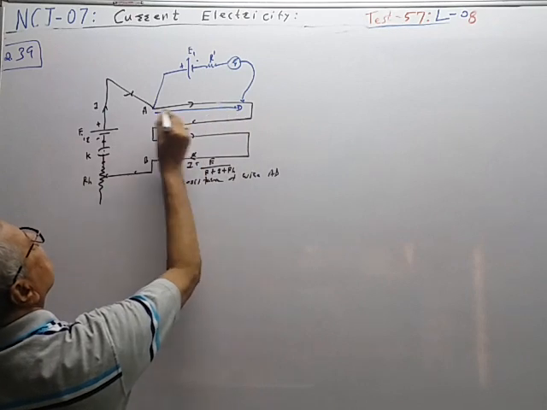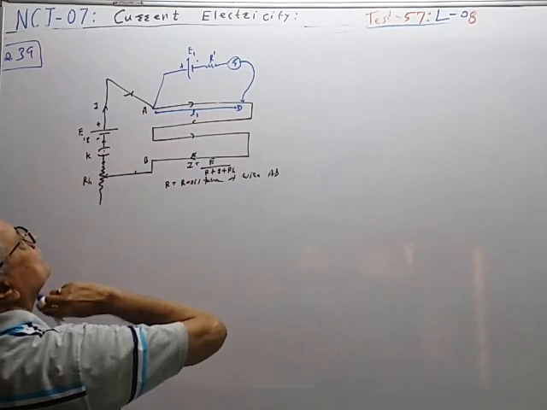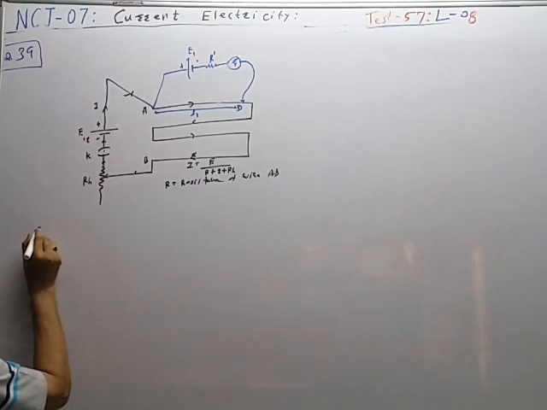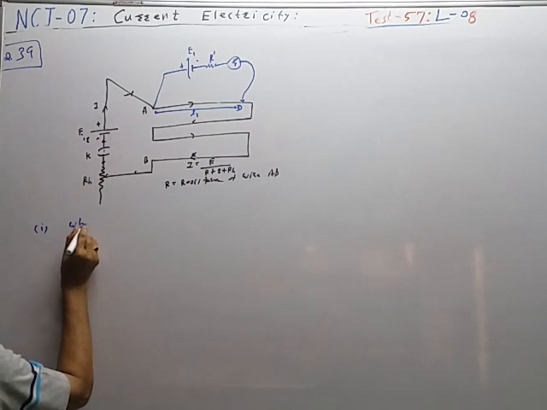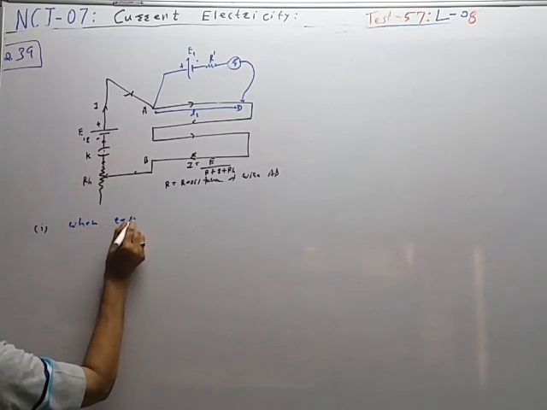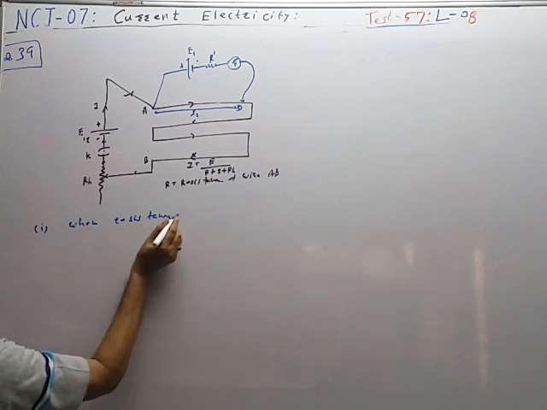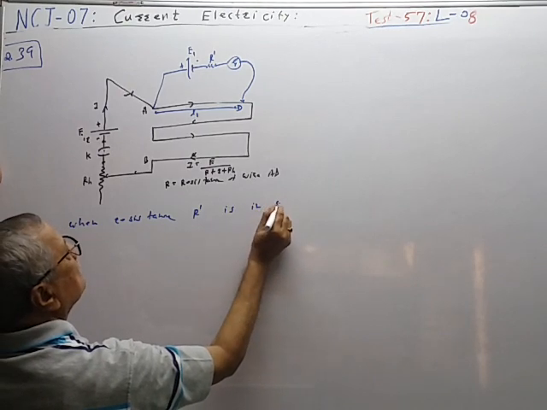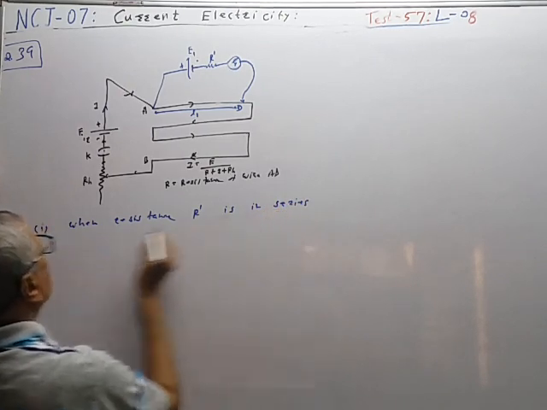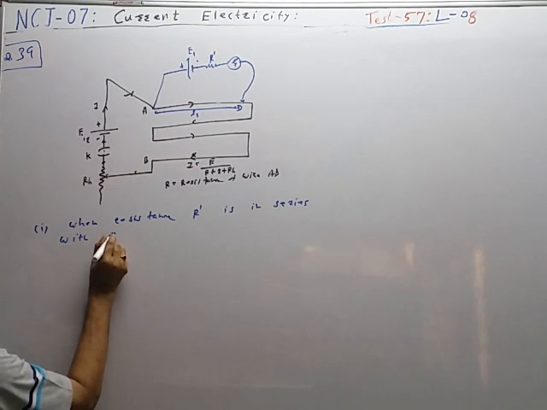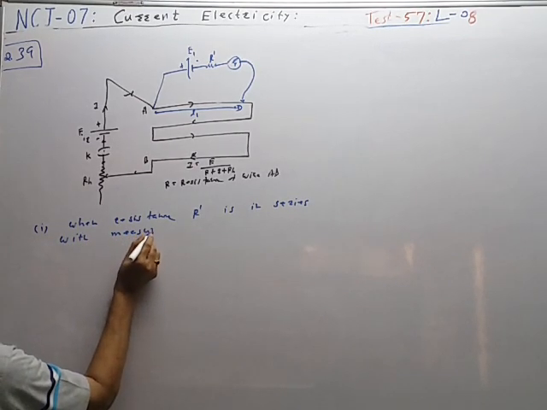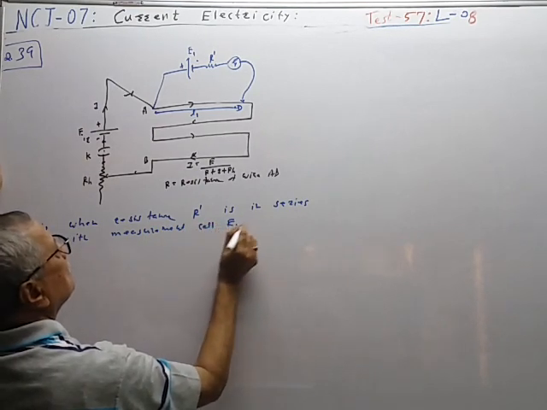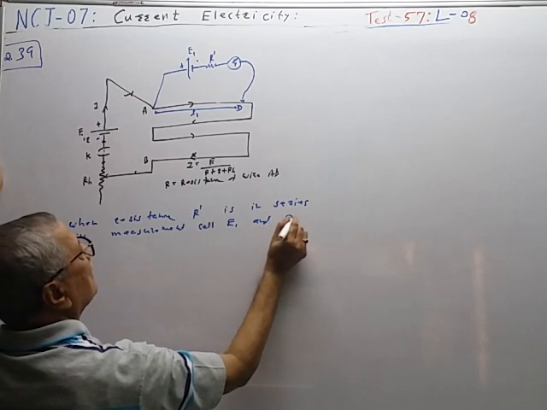So this balancing length is when resistance R dash is in series with measurement cell E1 and galvanometer.